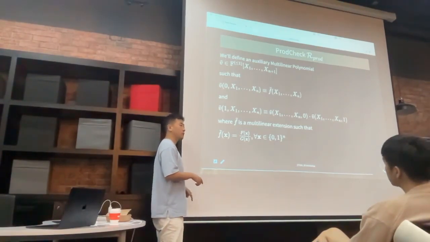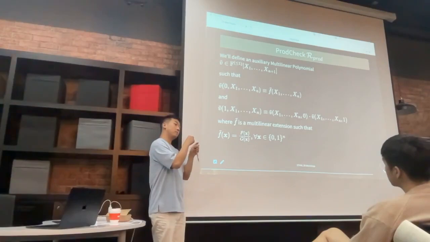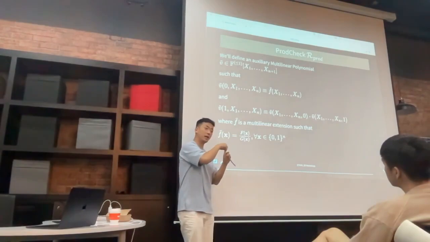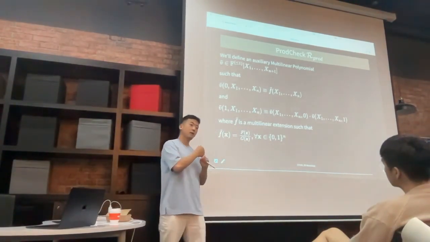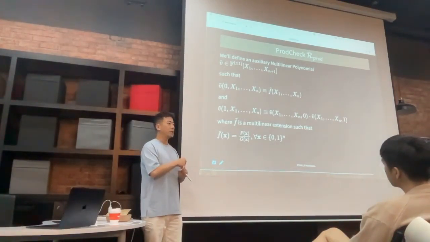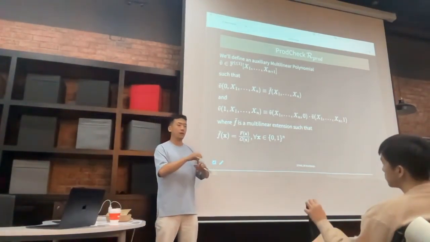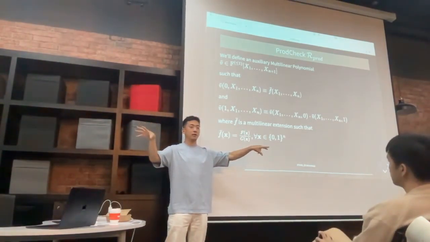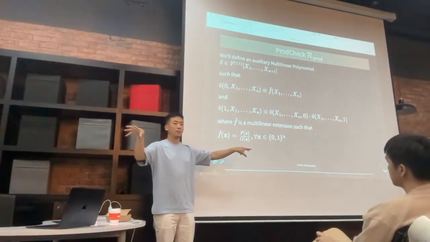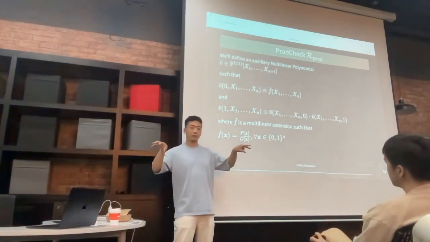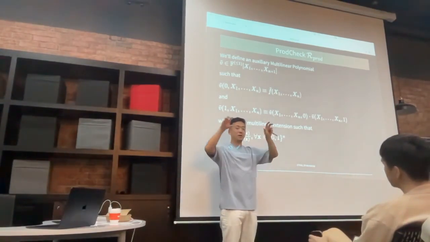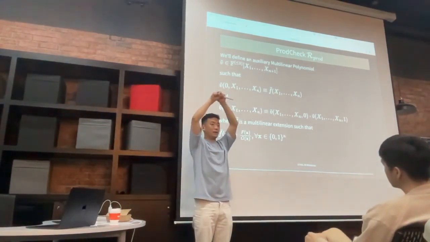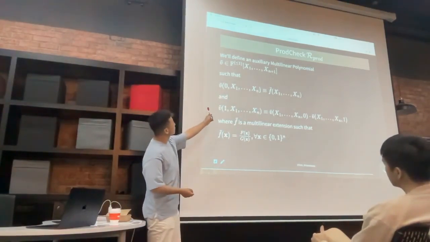In the univariate polynomial, we started from 1, and then we moved to the next root of unity, and the next root of unity, by multiplying the root of unity to the x value. In this case, just like a Merkle tree, we isolate each axis and multiply them, and multiply them again, like that. This is the approach that we are doing here.